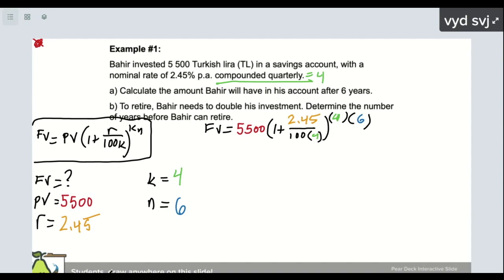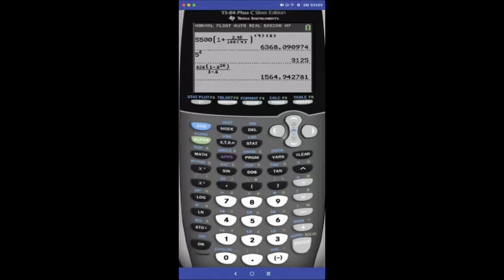All we do is put that in the calculator. As you can see, I already have it typed in from last class here, but I'll go through it again. 5,500 parentheses 1. Keep all the parentheses. Parentheses are good for you.